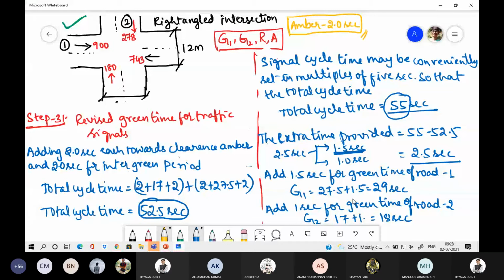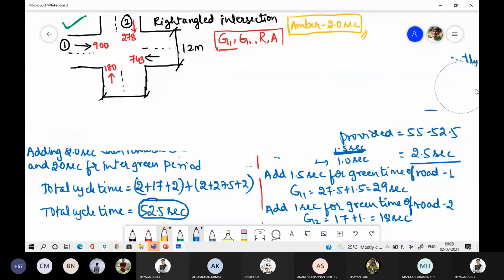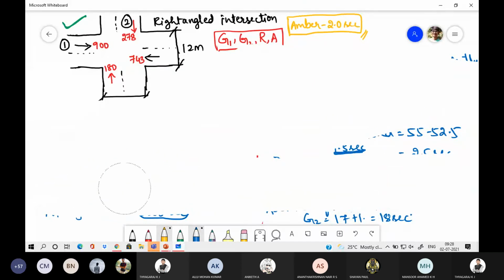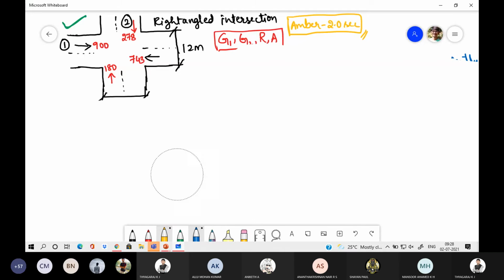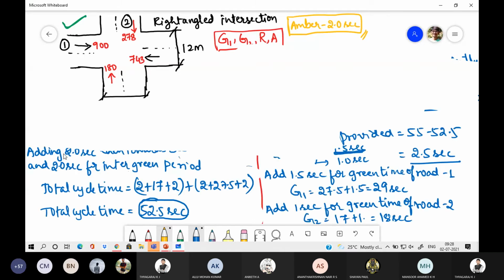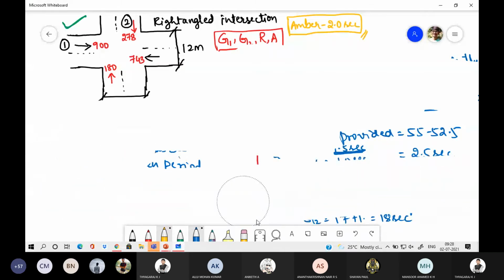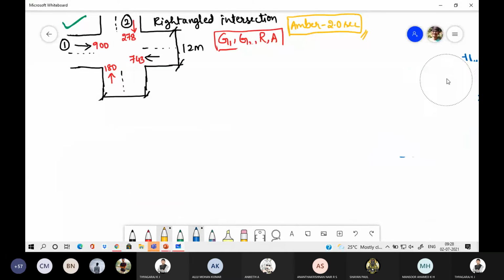Then comes step 4. So take the heading as step 4: Check for clearing the vehicles. Okay, I will erase the things. Take the heading.